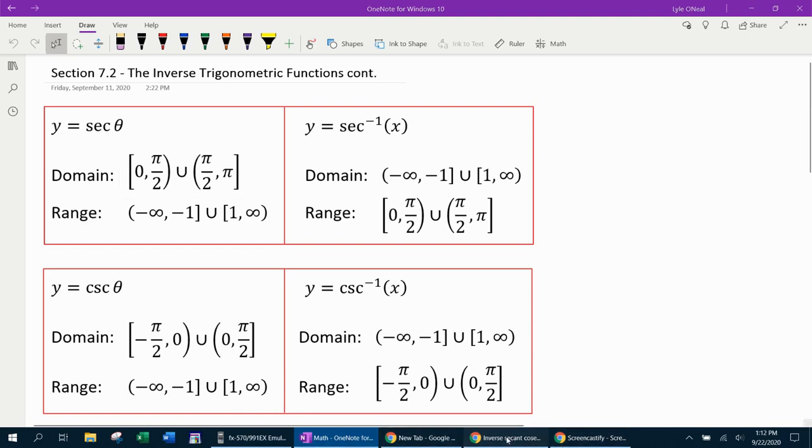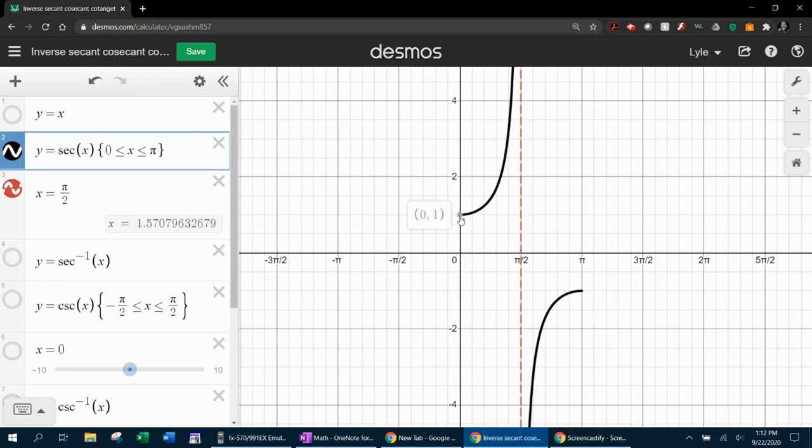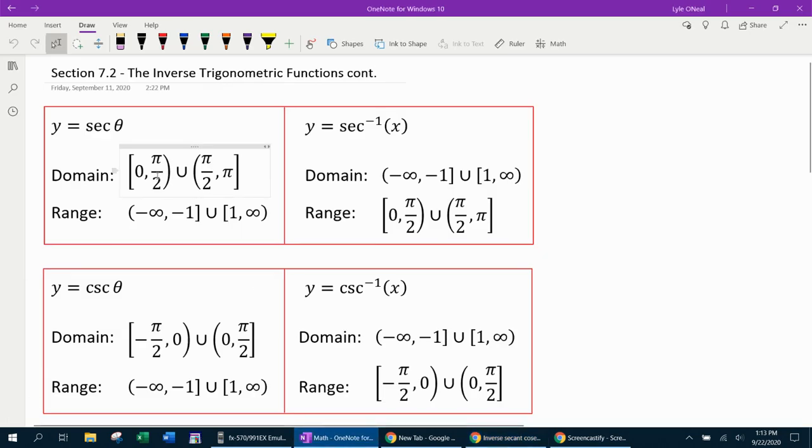So do you see how we get that? The domain here starts at 0 and goes until we hit pi over 2, and that value cannot be included because of the vertical asymptote, but it will pick up on the other side of pi over 2 and go all the way to pi, okay? So that's how we get from this notation for the restriction to the interval notation for the domain, okay?